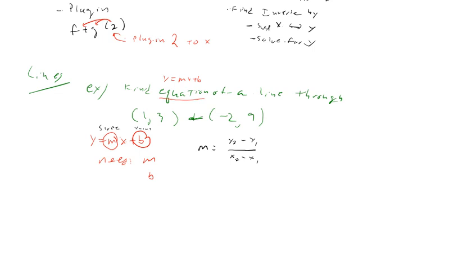Find the distance between these points, right? y2 minus y1, start with the 9 minus 3 over -2 minus 1.